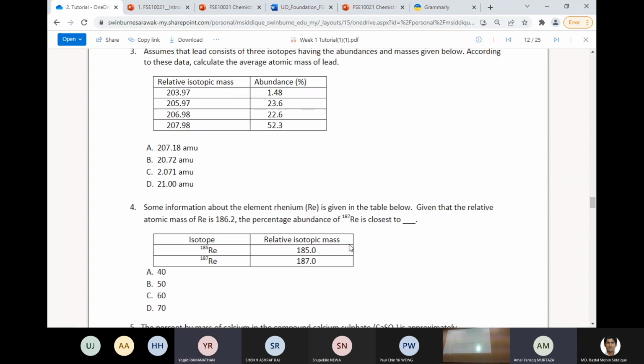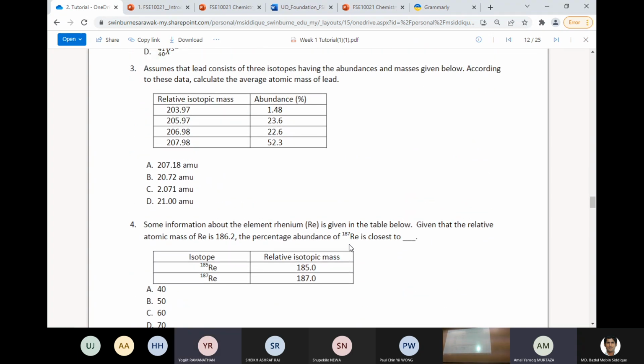Okay, question number 3 says: assume that lead consists of 3 isotopes having the abundances and masses given below. According to this data, calculate the average atomic mass of lead. How do you do that?